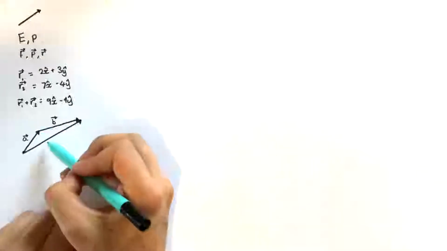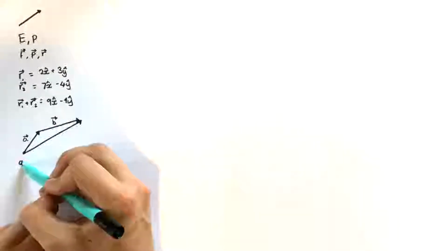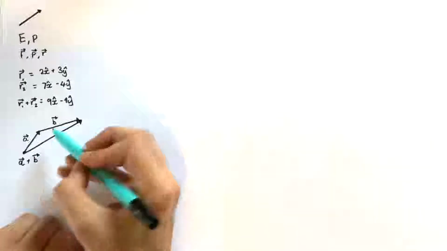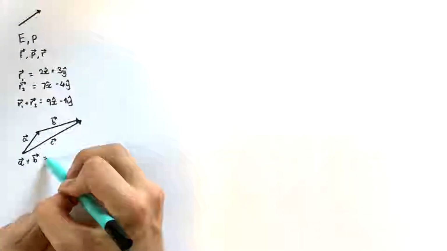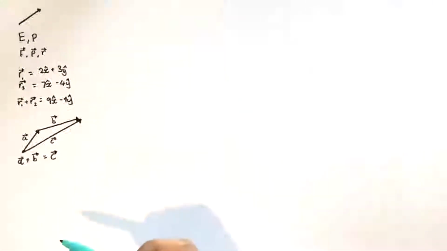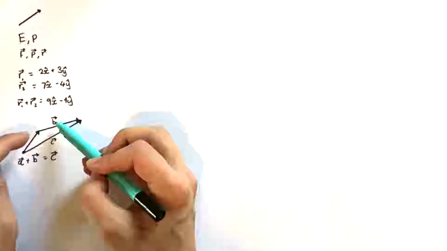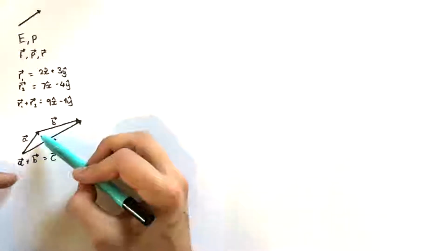So A plus B is just another vector, which we can call C. So A plus B equals C. You add them tip to tail: you put the tail of the second vector next to the tip of the first vector.